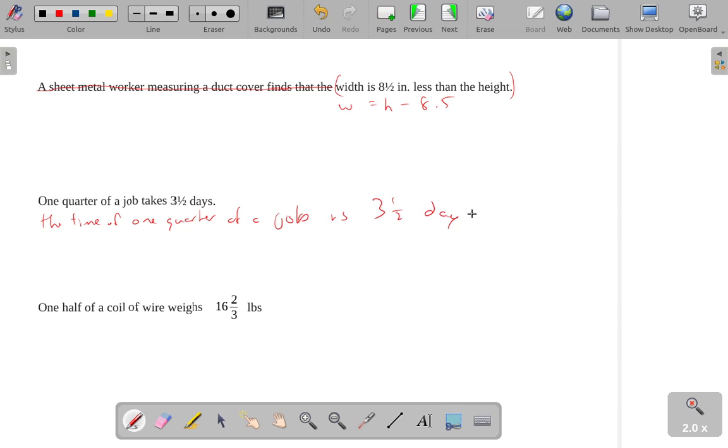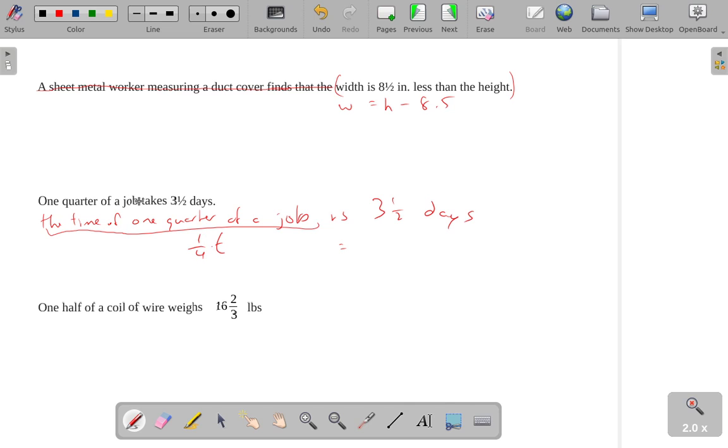So what I did here is I rephrased this a little bit, so it's more clear about what the variables are, what the numbers are that we're talking about, the time of 1/4 of the job. So that is the length of the job, or the time the job takes, times 1/4. This would be 1/4 of the time of the job. I know that it's the time of the job, not the dollar value of the job, because you get that just through context. It says it takes 3.5 days. Clearly we're talking about a time measurement here.